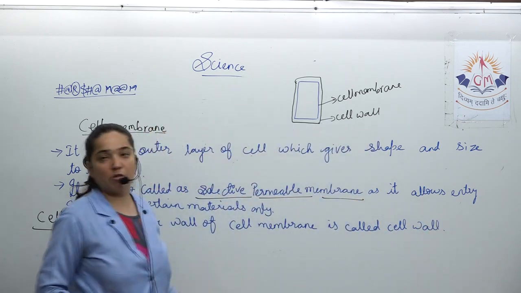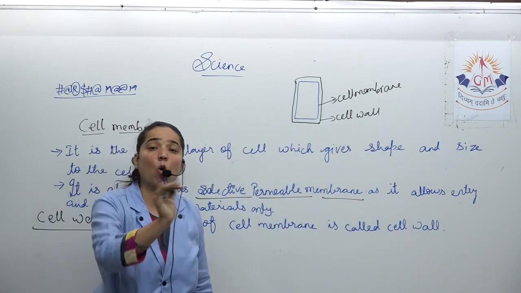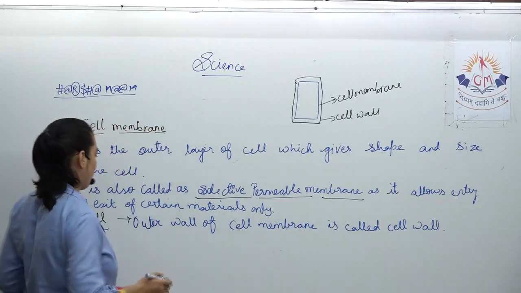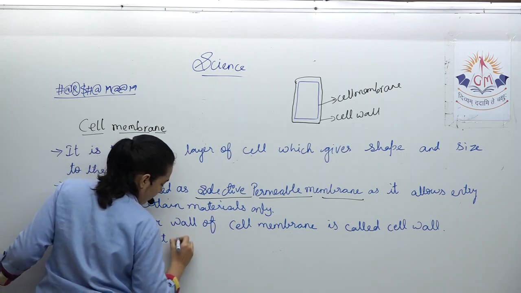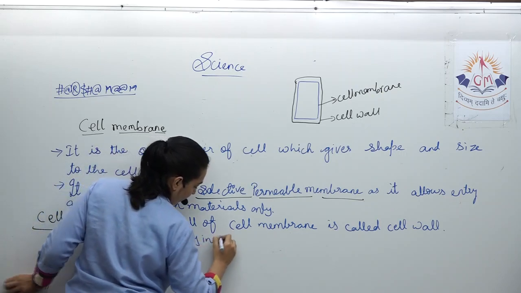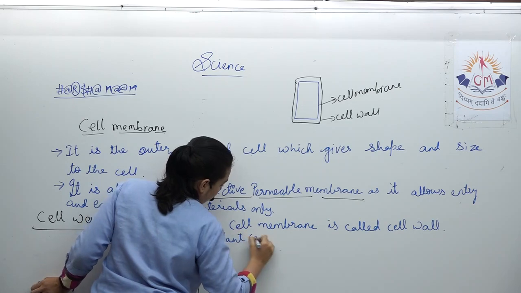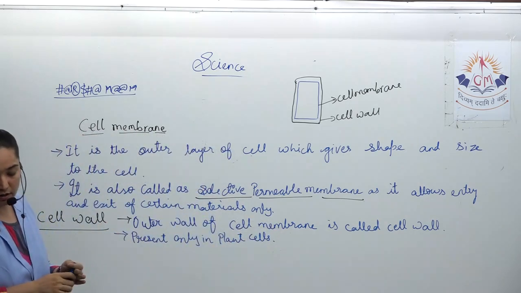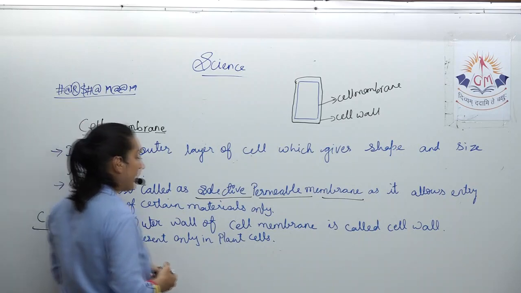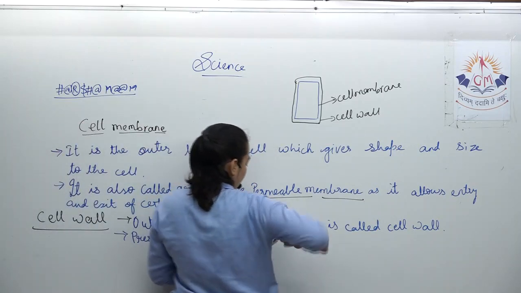Very important thing about cell wall is it is present only in plant cell. Except plant cells, it is not at all present, and it is made up of cellulose.